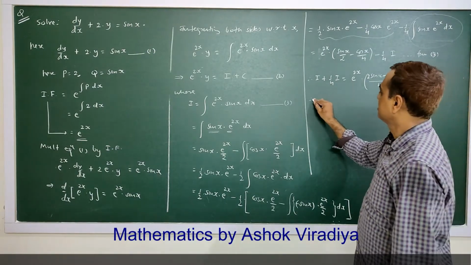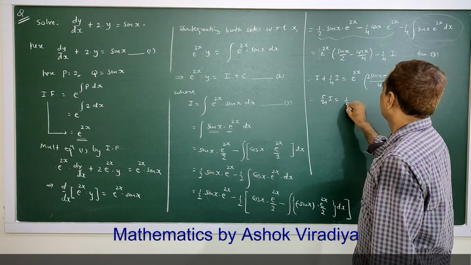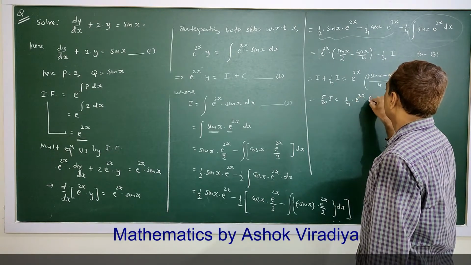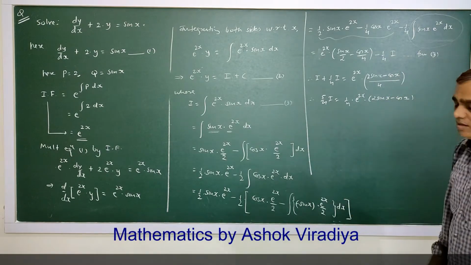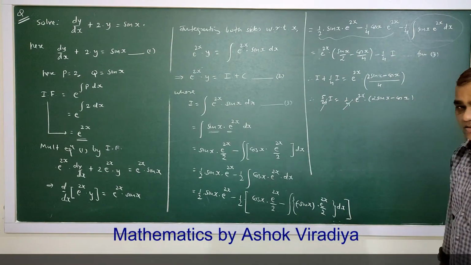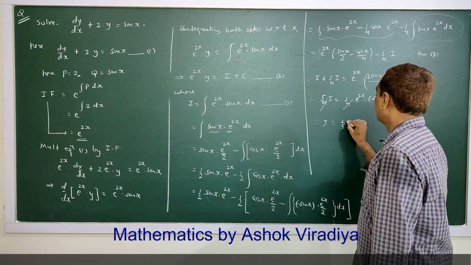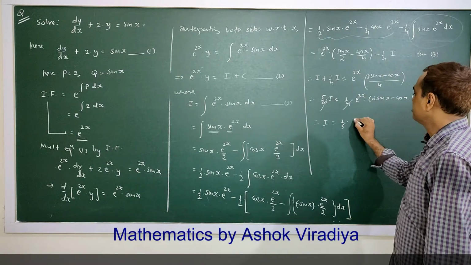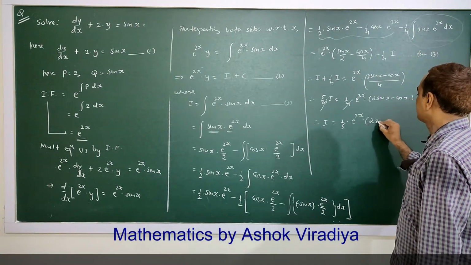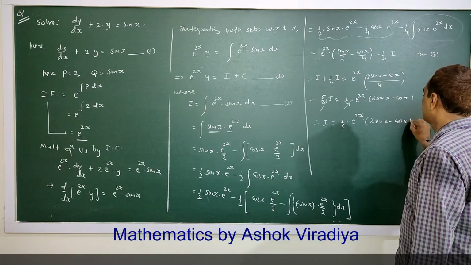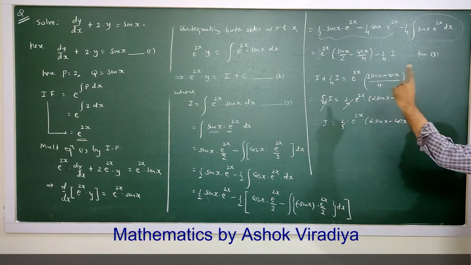So this is 5 by 4 times I is equal to 1 by 4 e raised to 2x into 2 sin x minus cos x. This 4 is cancelled. So I is equal to 1 by 5 times e raised to 2x into 2 sin x minus cos x. So now this value we substitute in equation 2.